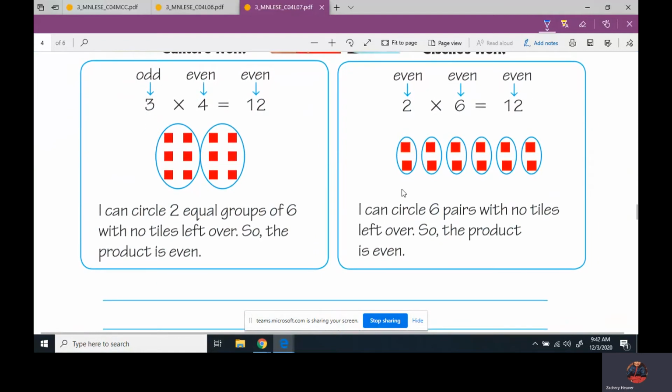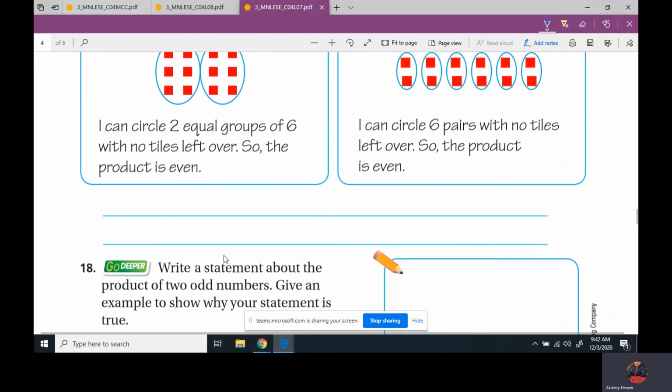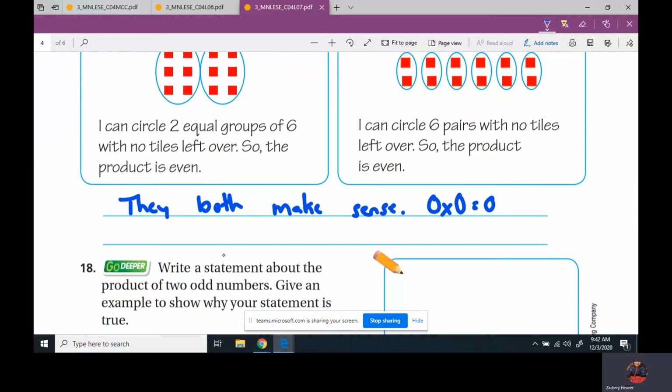Well, I'm going to be honest with you. They both make sense. Odd times odd equals odd. I know that's not 0.